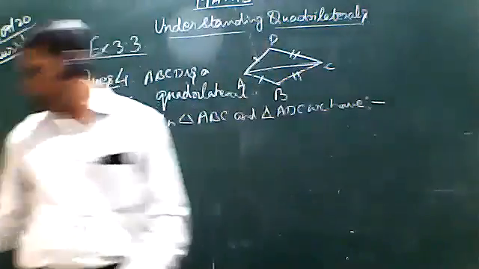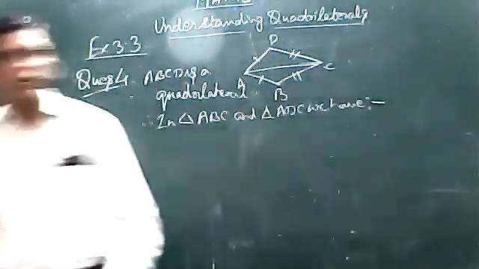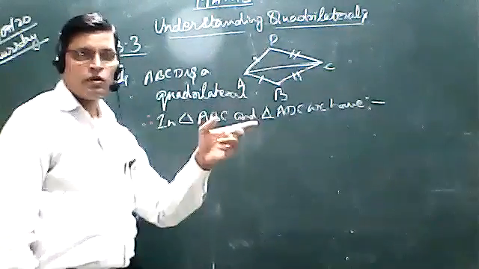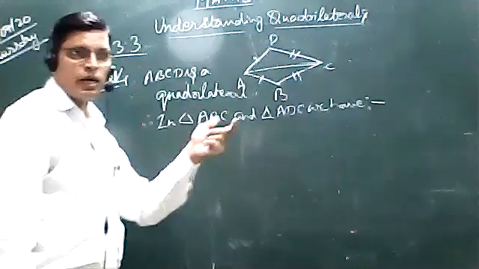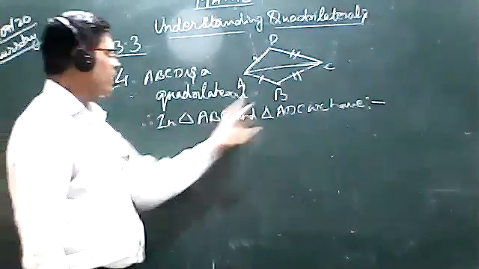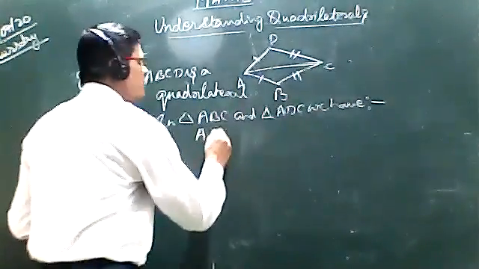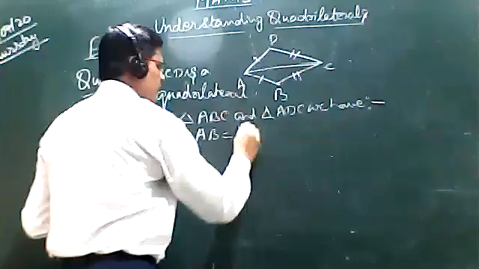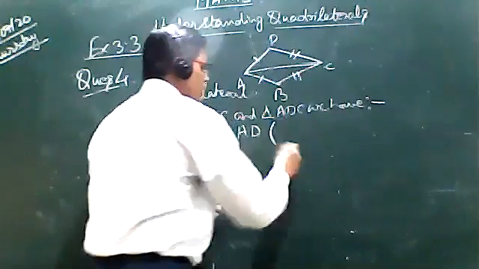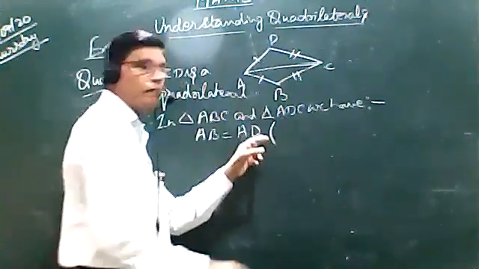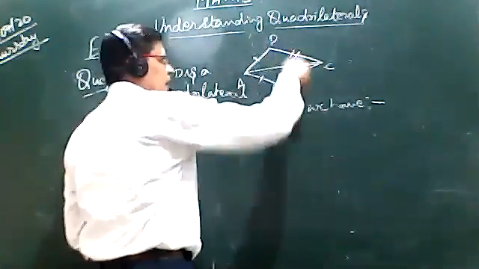Time is very less. टाइम खत्म होने को है. अगर ये छूट जाता है तो इसका पूरा पार्ट आप घर पे करेंगे. Now in triangle ABC, AB is equal to AD by construction, by figure, because this quadrilateral I draw a kite.